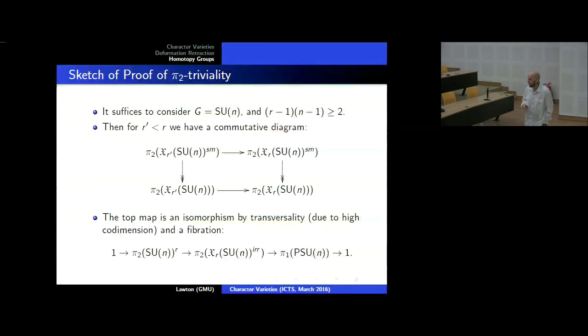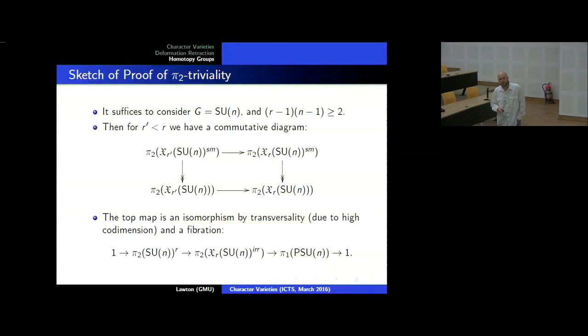Given that description of the reducibles, you can explicitly compute the codimension, and you can show it's sufficiently high. And because we're dealing with a smooth manifold now, and we have a high codimension subspace, we want to homotope off of it, so we can actually show this is an isomorphism.